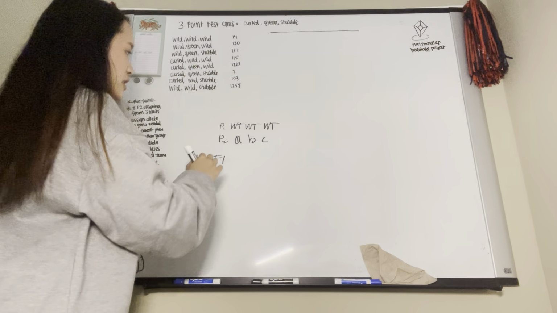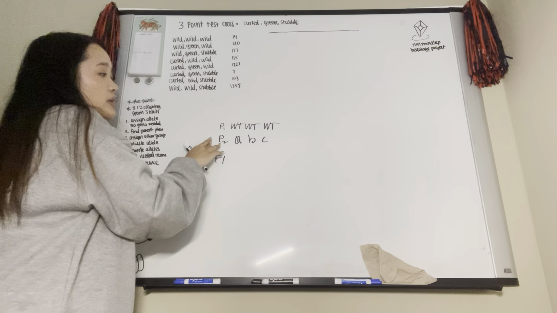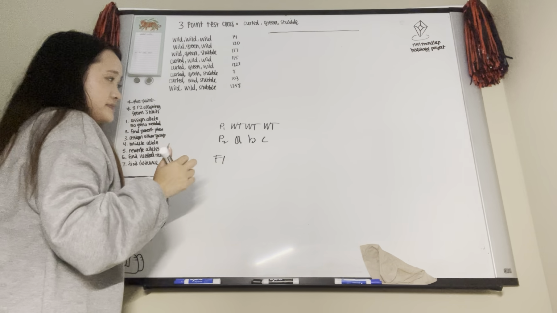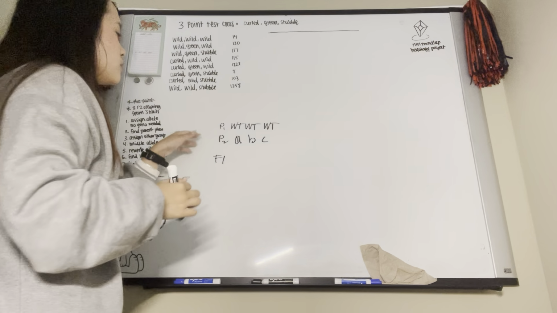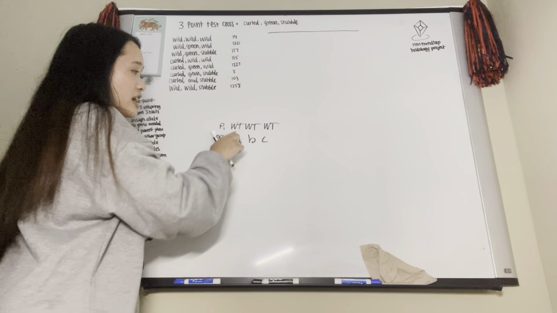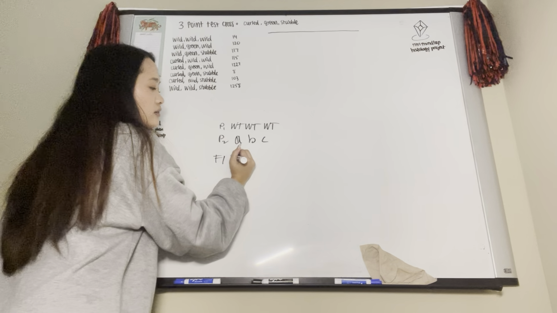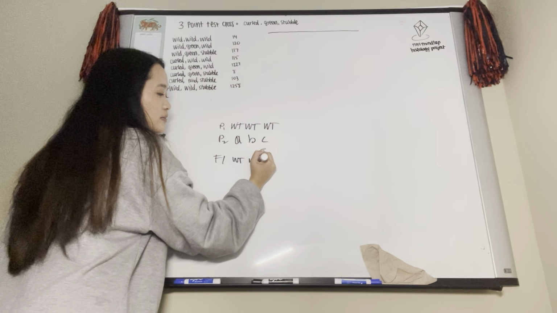So for example, if your first parent is wild type homozygous and your other parent is homozygous for the mutant traits, assuming that the wild type is dominant, then your F1 will all be showing the wild type traits.